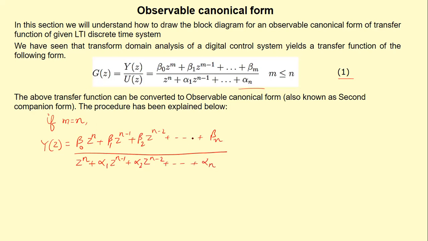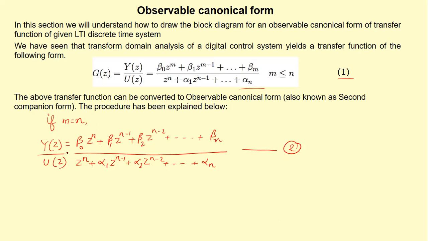Where n is basically the order of the system. So this is, for example, equation number 2. This is Y(z) by U(z).